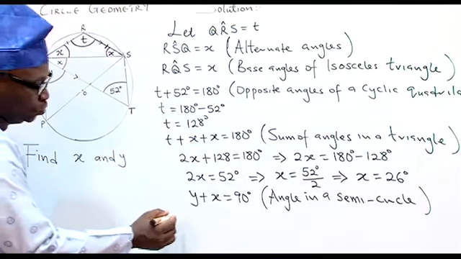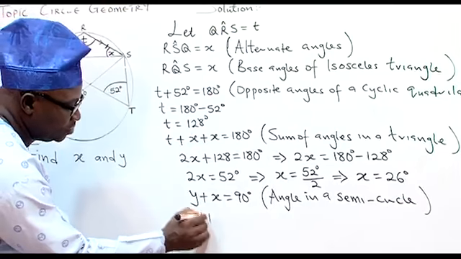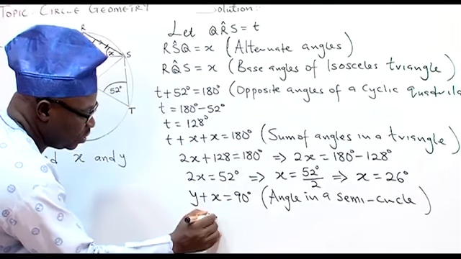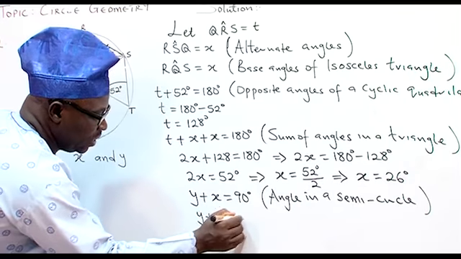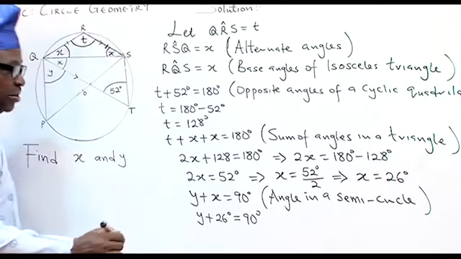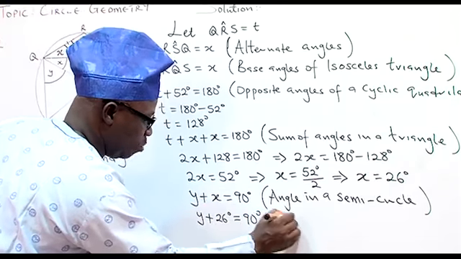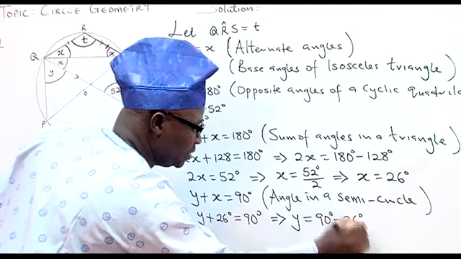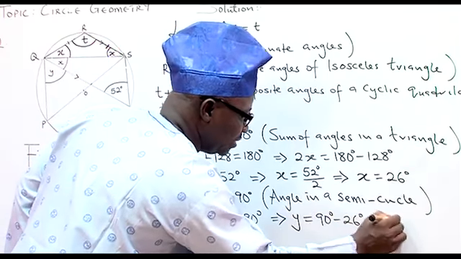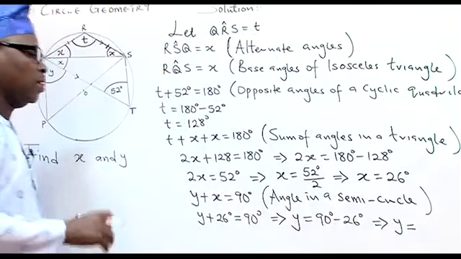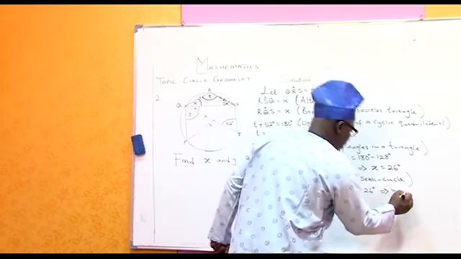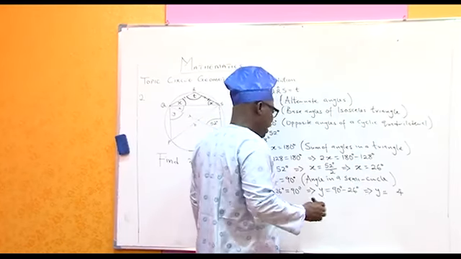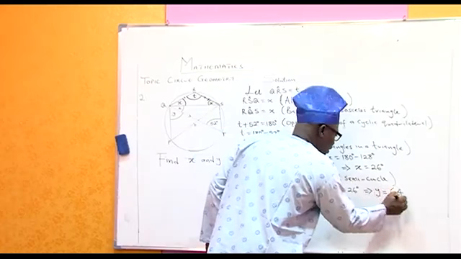Then we are now going to solve Y plus X. X is 26 degrees. Everything is 90 degrees. So that implies that Y is going to be 90 degrees minus 26 degrees. And that implies that Y is going to be, 10 minus 6 is 4, then 8 minus 2 is 6.